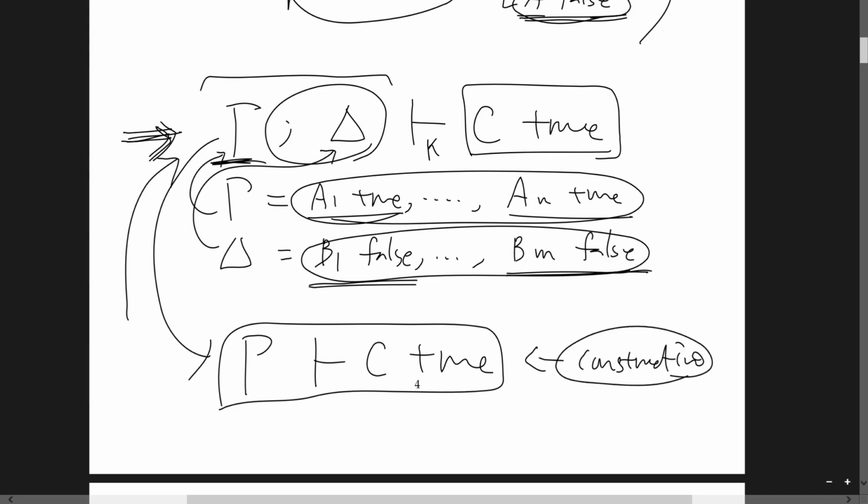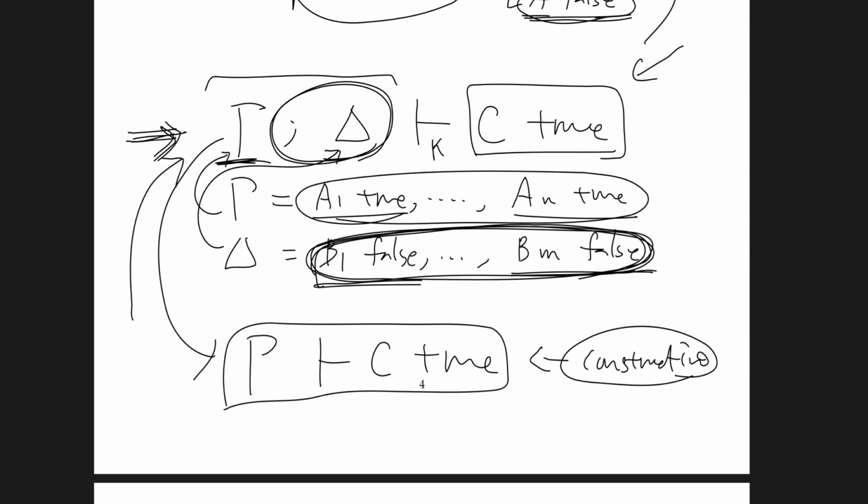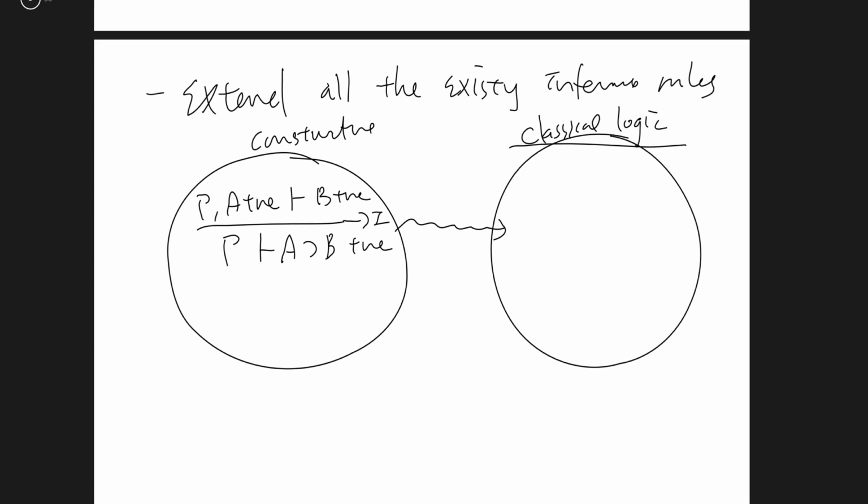So what's new in classical logic is we add another context that contains the set of false judgments as assumptions. And these false judgments do not interact with existing inference rules. So you can simply add delta.